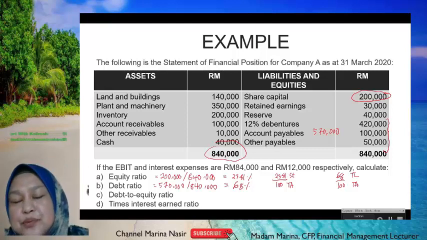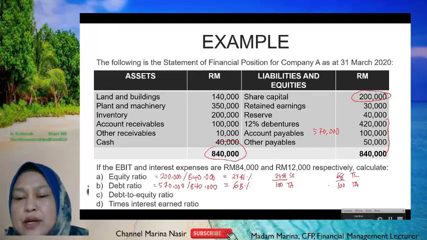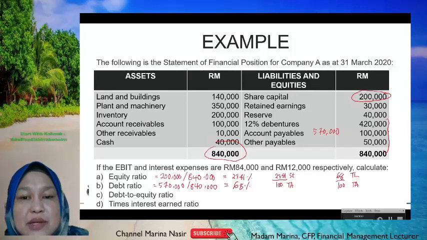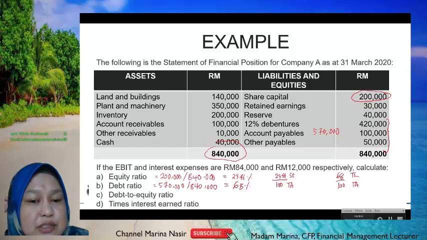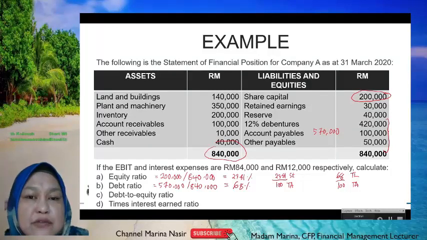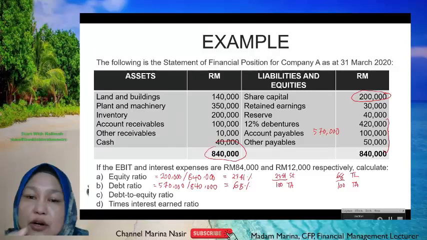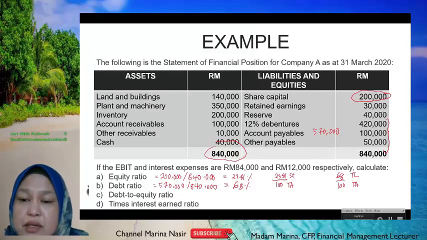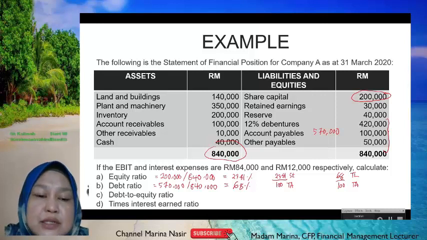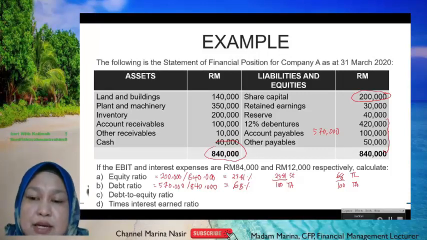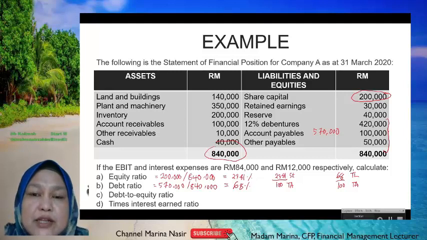How to interpret this ratio? For every 100 ringgit of total asset, this company has 68 ringgit of total liability. Whether it is good or not depends on the financial institution or bank, whether they want to give company A financing or a loan. Normally financial institutions look at the debt ratio.